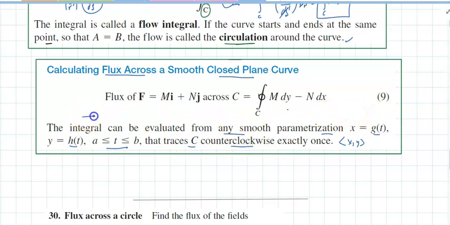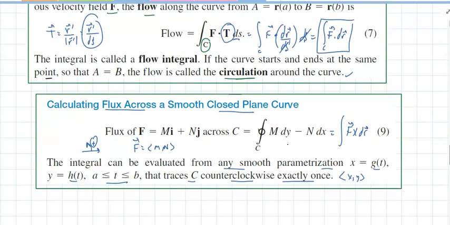In case you've forgotten, that's positive rotation from trig, exactly once. So, given F, which is M, N, the flux would be the integral of F crossed with dr.